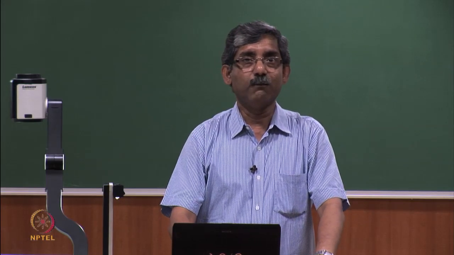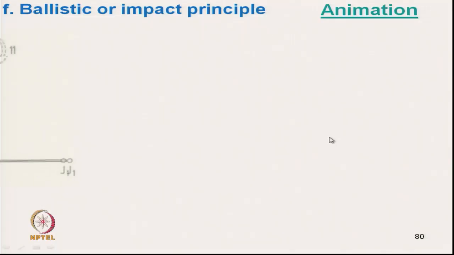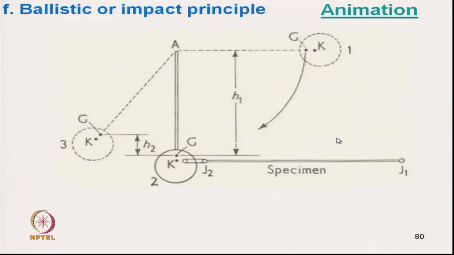Okay. Next principle is the ballistic or impact principle. Here there is a pendulum, and the specimen is connected with jaws J1 and J2. This is the specimen.